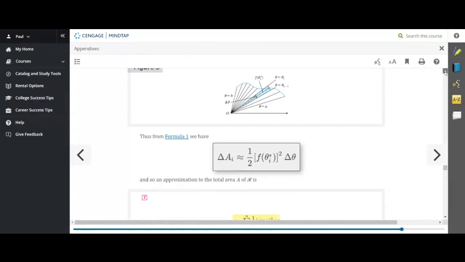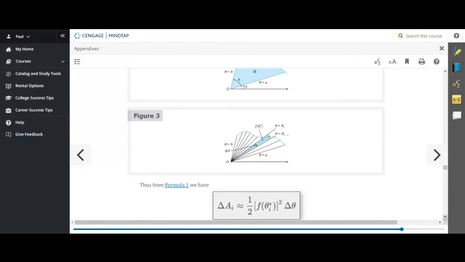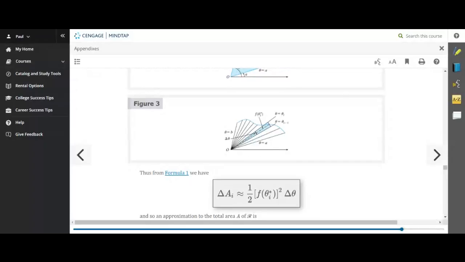Based on figure 3, the area for each circle sector is 1/2 r squared times delta theta.